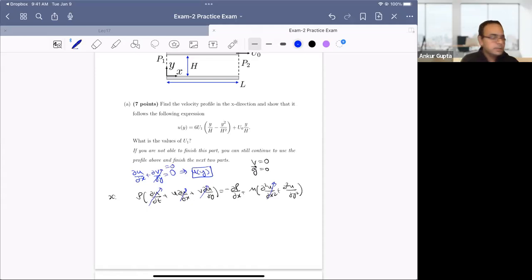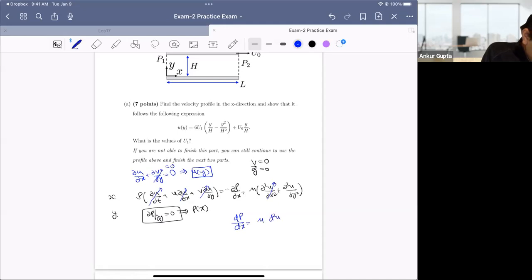So we get this. From the y momentum equation, it's pretty obvious, everything is 0 except del p by del y. So this implies that p is a function of x. So this is very standard. You will almost always get this in Cartesian coordinates for any unidirectional flow. Basically, our equation becomes dp by dx is equal to mu d square u by dy square.